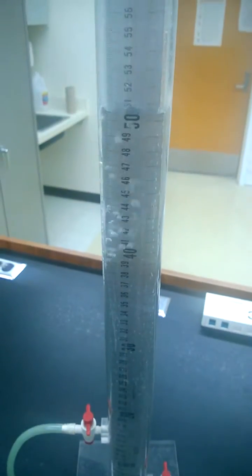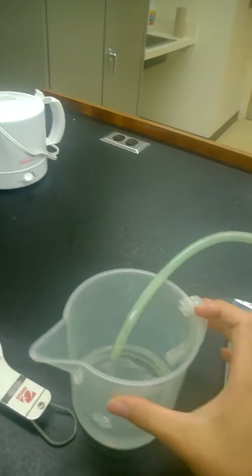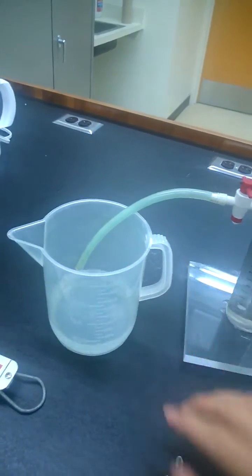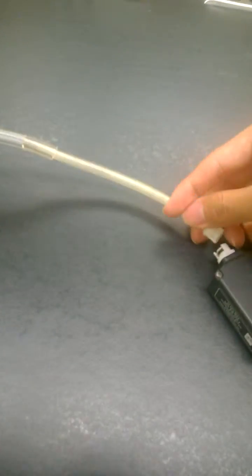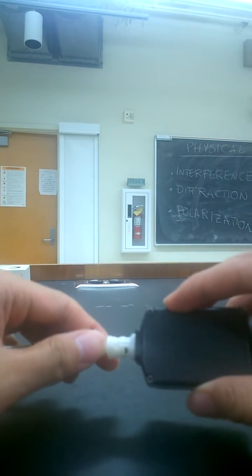And you should set the water to the value which is given in the lab manual. This part, you should put into the beaker so the water will not flood onto the table. And on the right hand side, you connect it to the sensor.